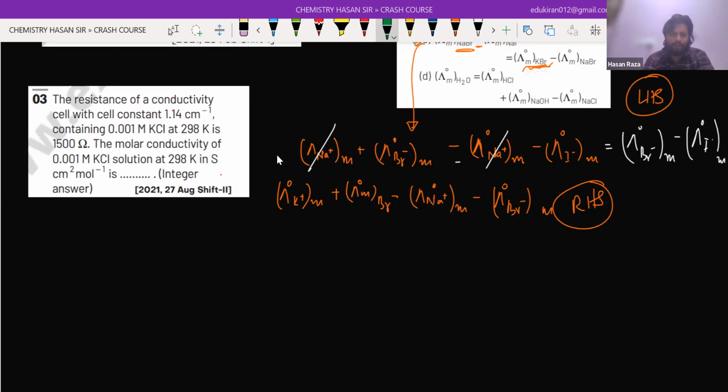How are you getting this 7.6? It's wrong. You just need to calculate the value of kappa with the help of this formula, cell constant upon R, and then apply the formula lambda m is equal to kappa upon C, concentration. If you do it correctly, you will get 760 Siemens centimeter square per mole. Rayon, very good.